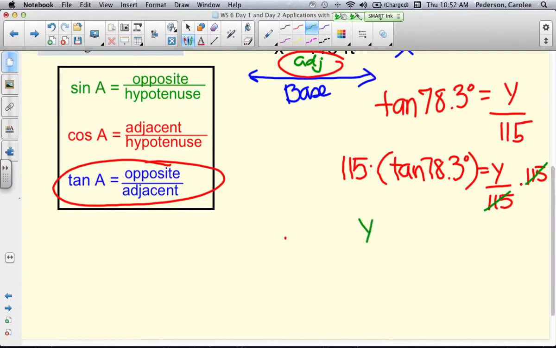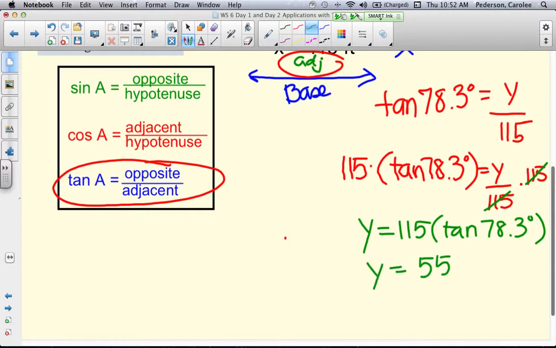So we're left with y equaling 115 times the tangent of 78.3 degrees. So 115 in your calculator times the tangent of 78.3 degrees. Y equals 555.3 feet away is the distance this surveyor is from the Washington Monument.